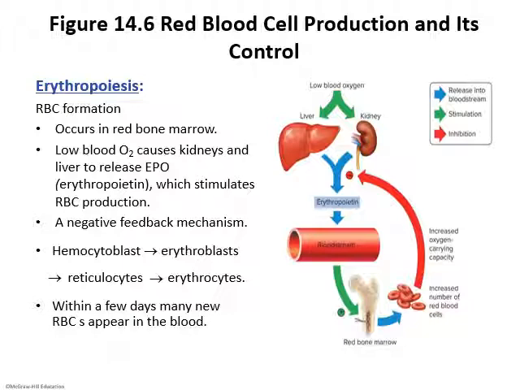The kidney is going to release it saying, hey, we need some more red blood cells. The hormone travels to the red bone marrow and tells the red bone marrow to start producing more red blood cells. And this process takes a couple days between when the signal is first initiated and the release of erythropoietin to when the red blood cells are actually produced and ready to go.